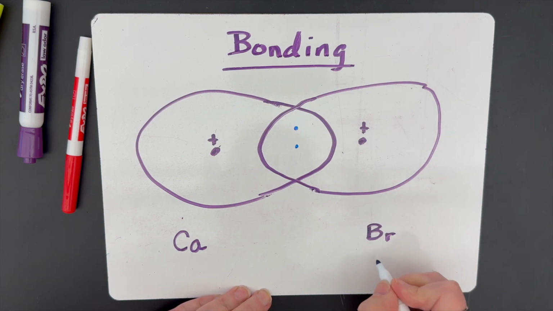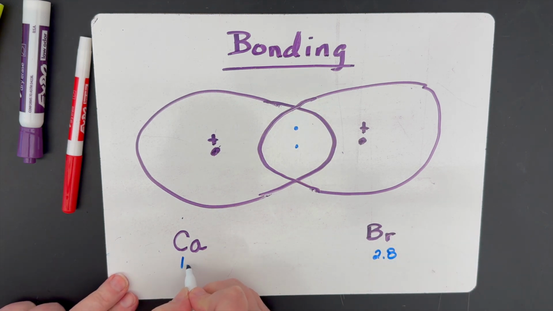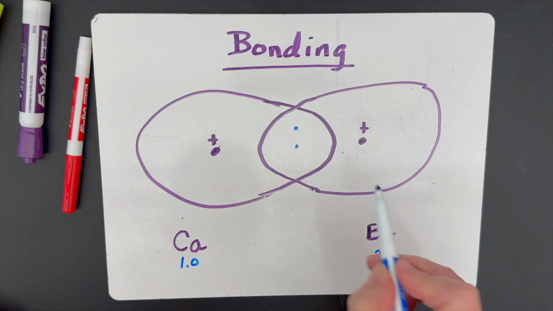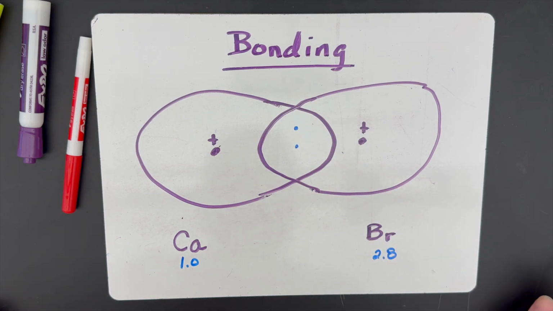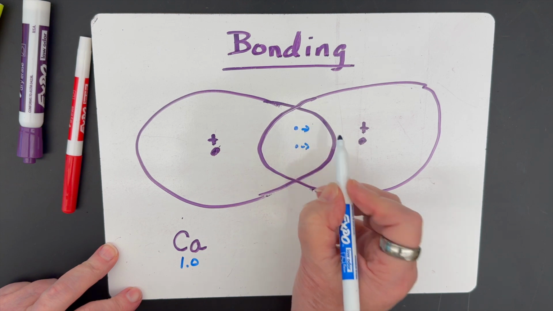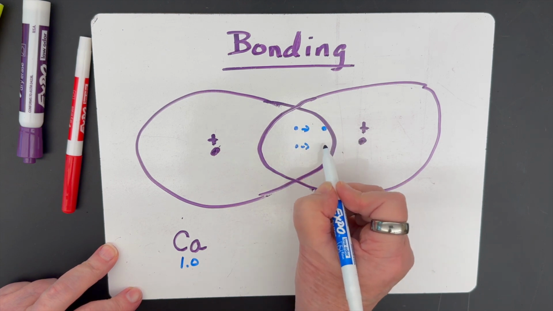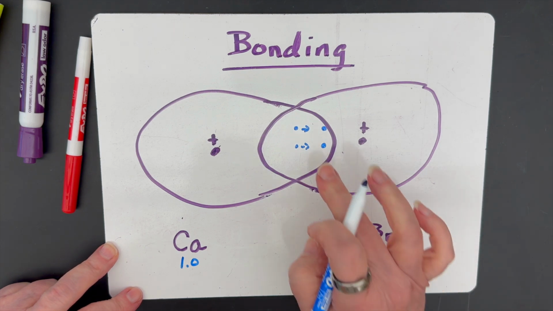It's a 2.8 electronegativity, whereas our calcium was only a 1.0. So this one is pulling, there's almost 3 times the attraction for this nucleus on this side. So the electrons aren't going to be in the middle. They're going to be way closer to our bromine side.